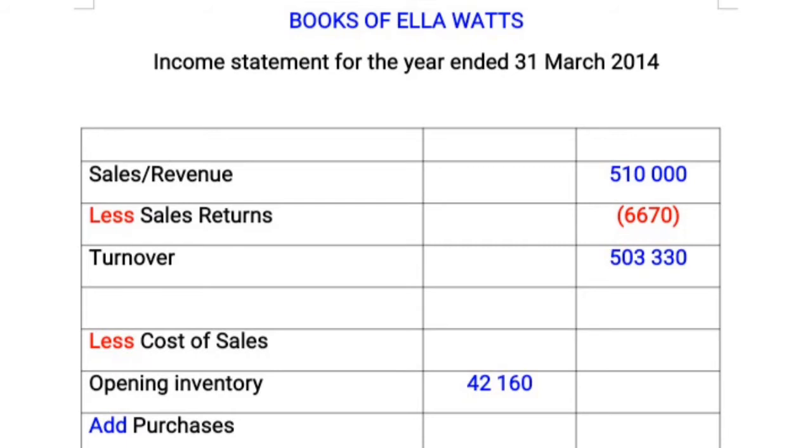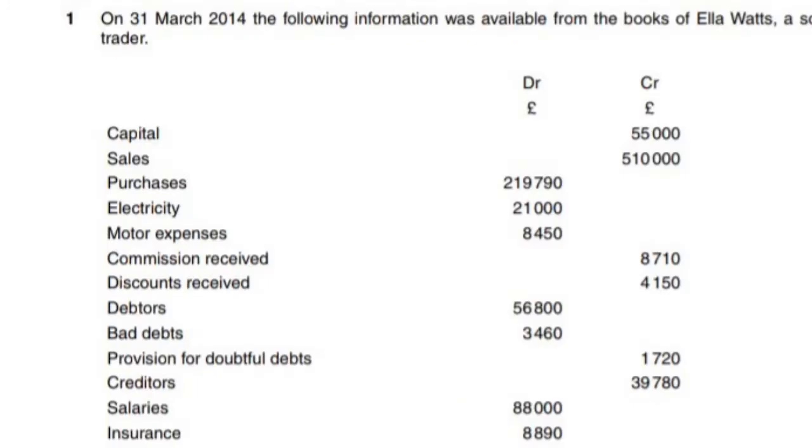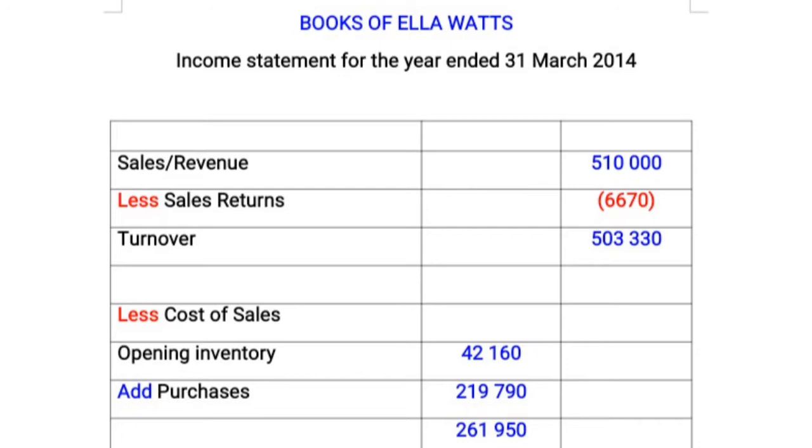The purchases figure in the trial balance, third from the top, is 219,790. So I'm going to add the 42,160 plus 219,790. It gives you 261,950.